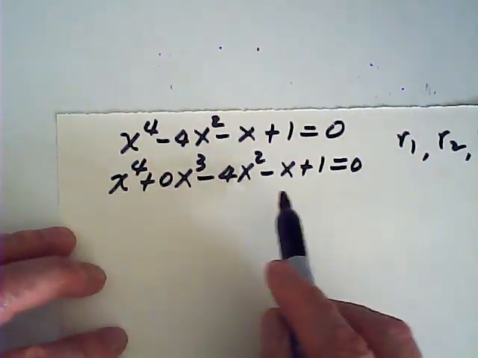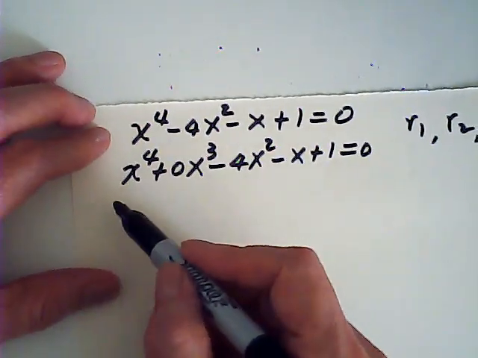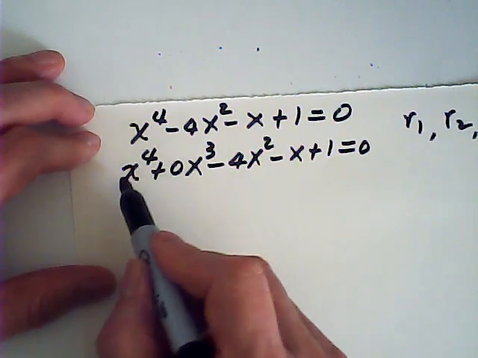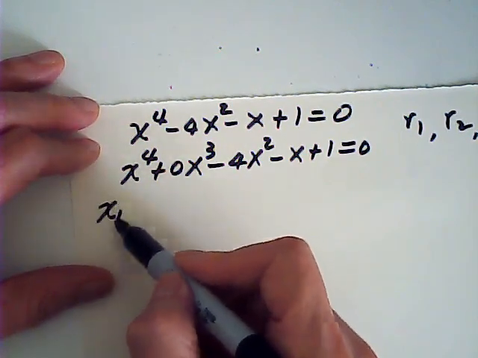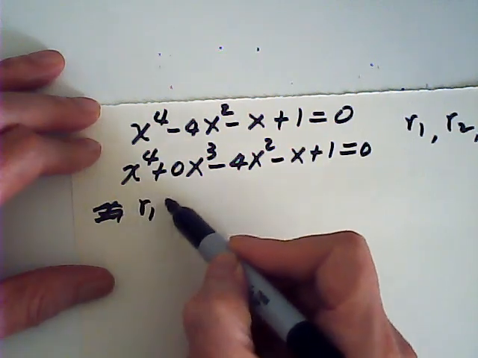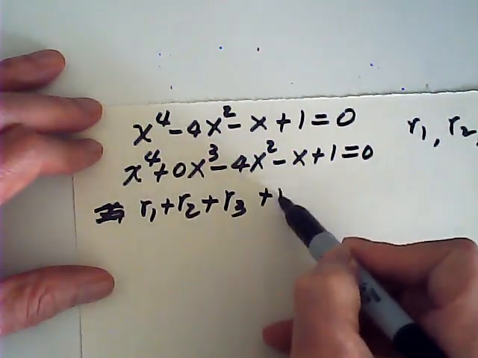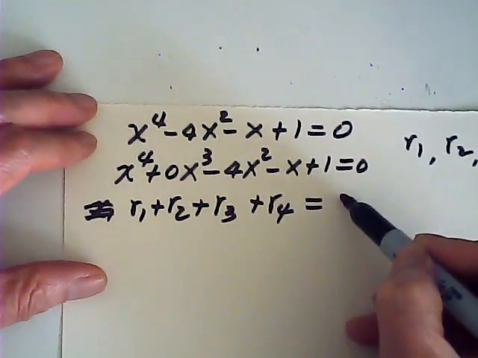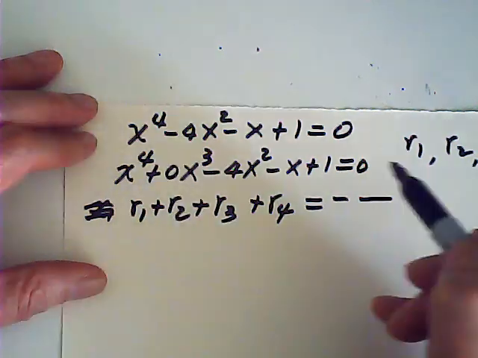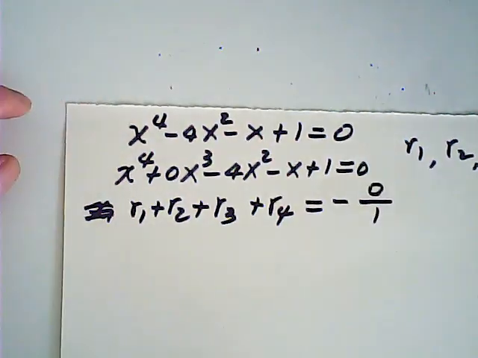Using the relation between roots and the coefficients, we know that R1 plus R2 plus R3 plus R4 is equal to negative 0 over 1, right?